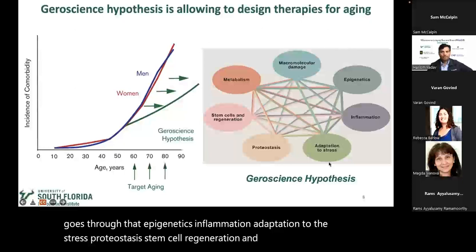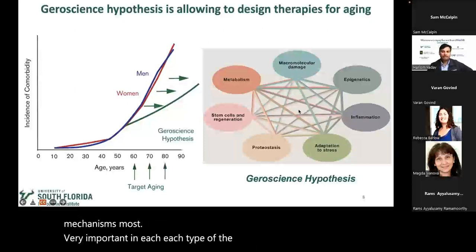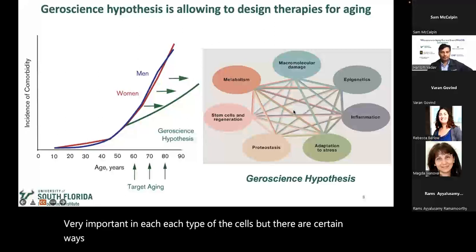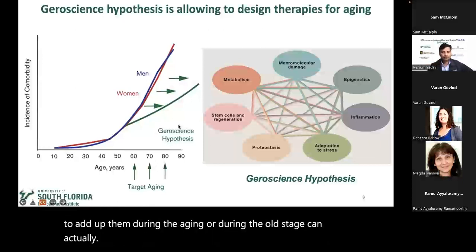If we target these mechanisms, although they are fundamental mechanisms, very important in each type of cell, there are certain ways to adapt them during the old stage that can prevent aging-related conditions too.